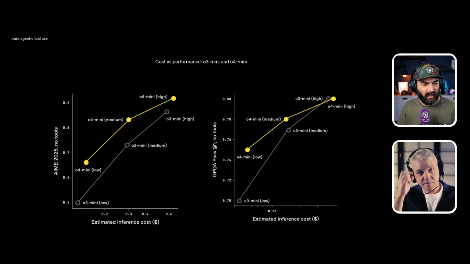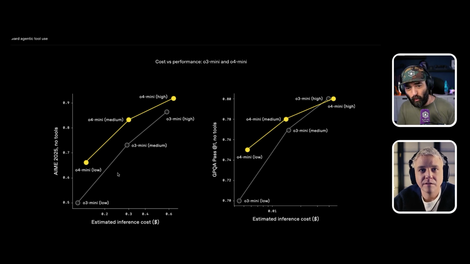And then we can see it in comparison to O3, which is not as good, but it's not showing the jump from O1 Pro to O4, which is kind of frustrating. Well, I think O3 Pro would be the more comparable one for O1 Pro.